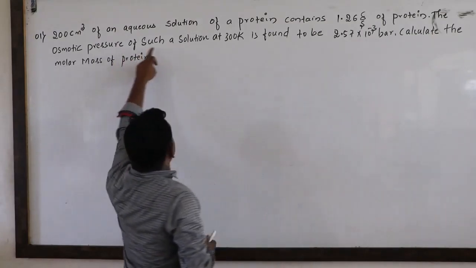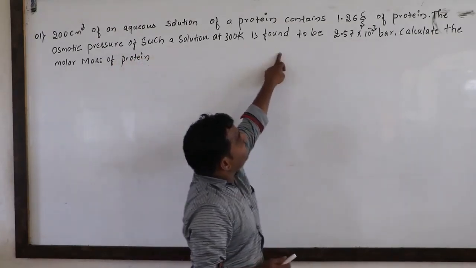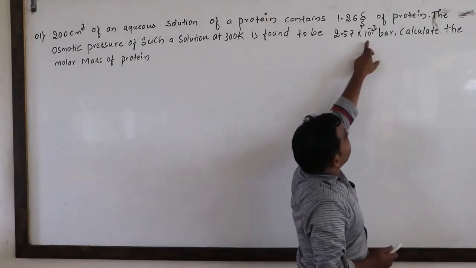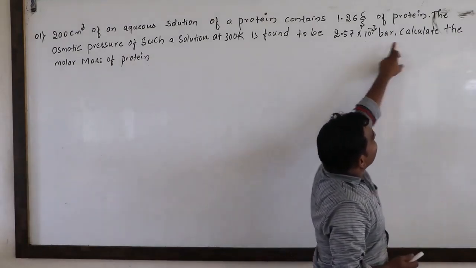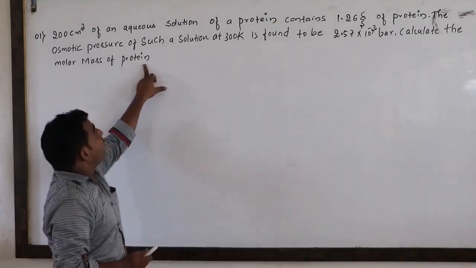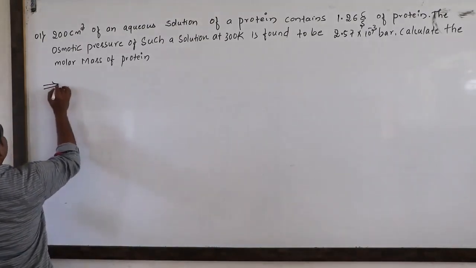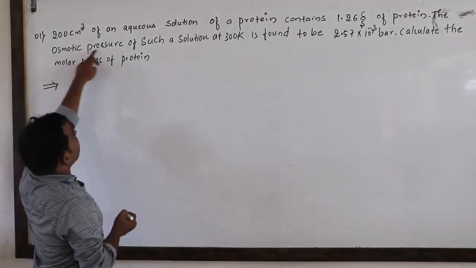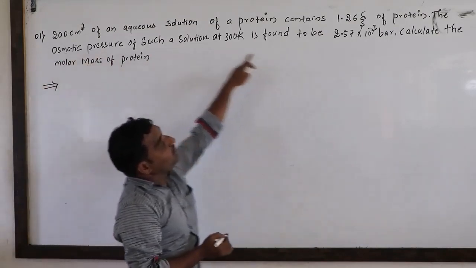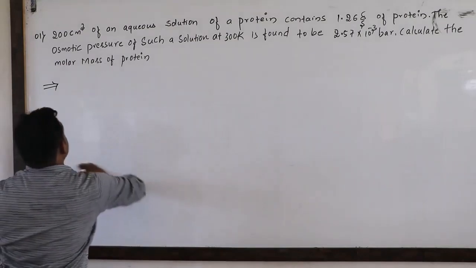The osmotic pressure of such solution at 300 Kelvin is found to be 2.57 into 10 raised to minus 3 bar. Calculate the molar mass of the protein. So we have to calculate the molar mass of protein. This is based on osmotic pressure.